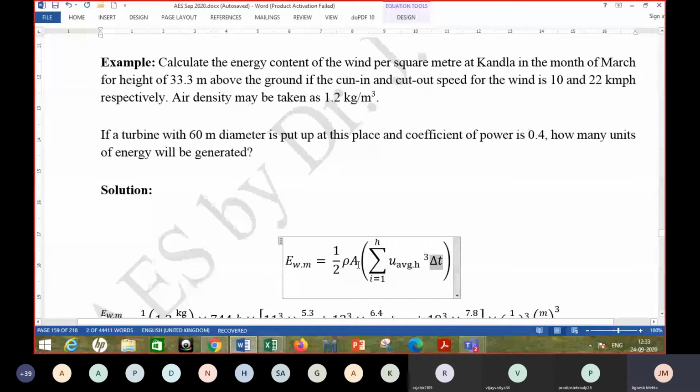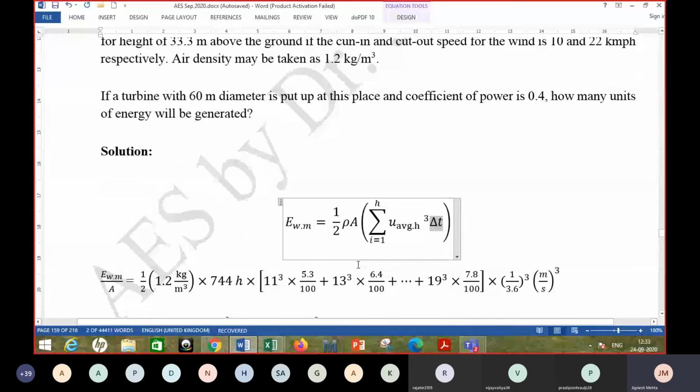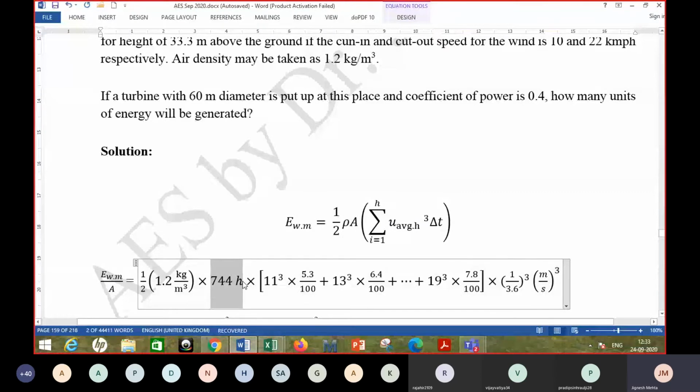So what you do now is, this EW for the month of March upon A, per unit area, is 1/2 rho, that is 1/2 into 1.2, and this delta T is how much? It is 744 hours. So you may get the reading in watt hour, or kilowatt hour. I have directly multiplied the number of hours here.